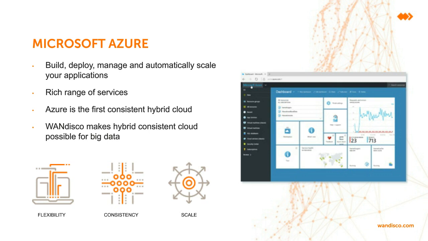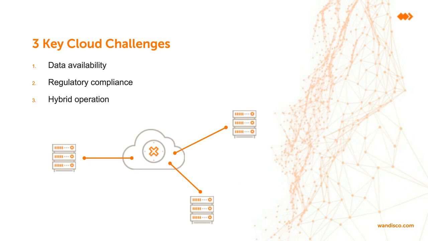So I'm going to talk about three specific challenges that come from using cloud infrastructure and then talk to how WANdisco helps in solving these challenges. The three that I want to talk about are firstly the availability of data, ensuring that data can be made available in a consistent manner in both a hybrid and geographically dispersed cloud deployment.